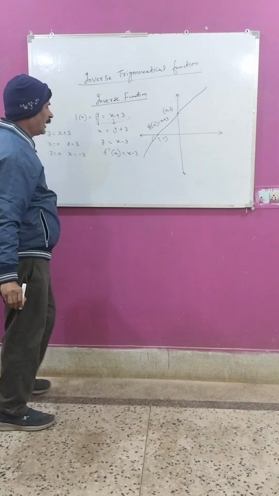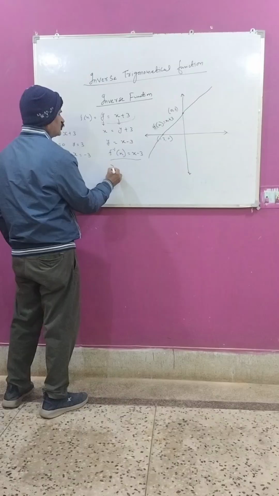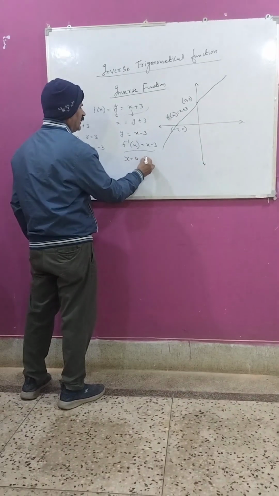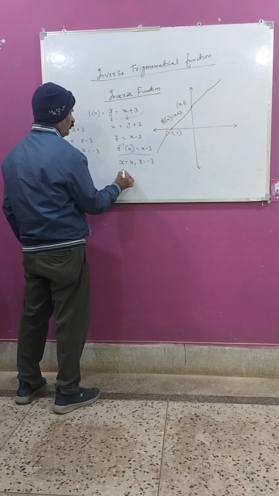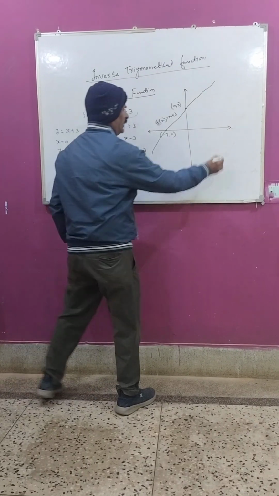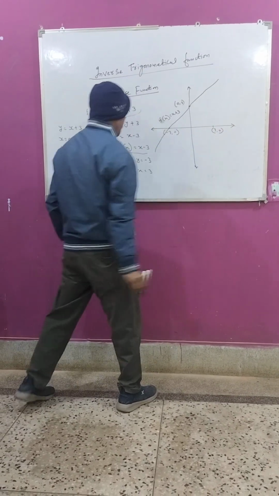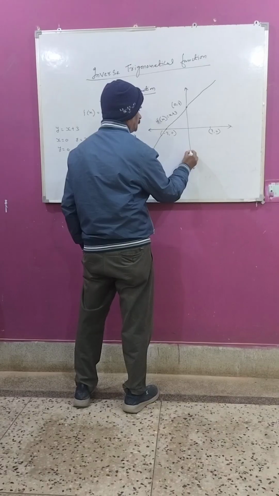Now, when drawing the graph of f inverse, which is x minus 3, if x equals 0 we get y equals minus 3, and when y equals 0, x equals 3. So we get the point 3 comma 0, and on the y-axis 0 comma minus 3.